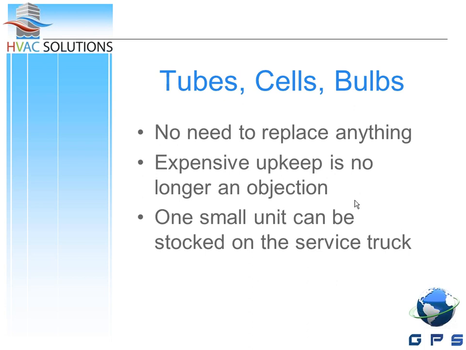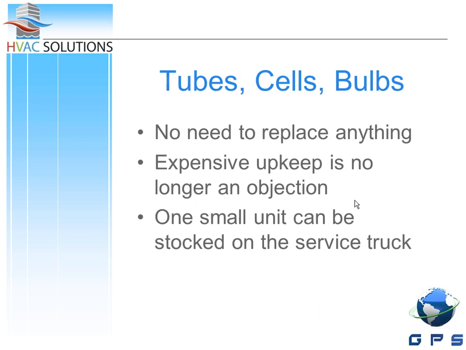The other nice thing about these units is that there's nothing to replace. So there's no bulbs, there's no cells, there's no replacement tubes, where you have to go back there annually or biannually or maybe even every 3 years. So it's kind of what I call a one and done. You're going to install this thing once, and the good news is you never have to go back.